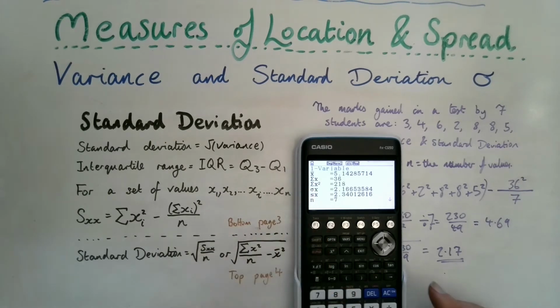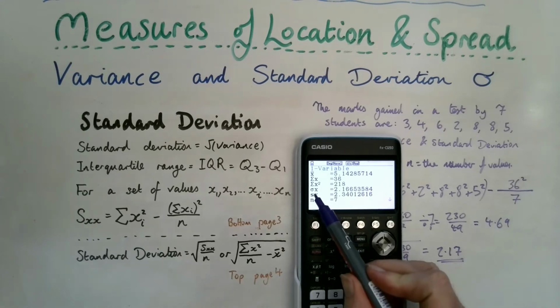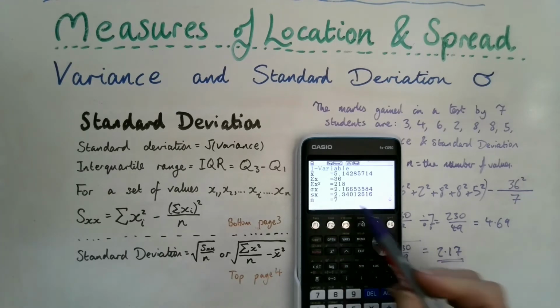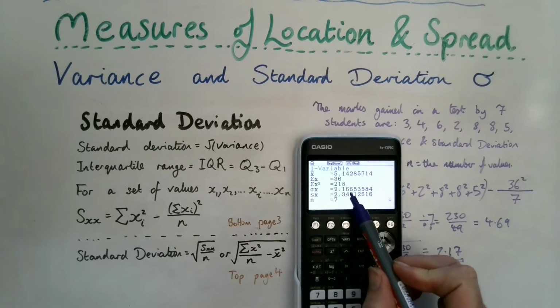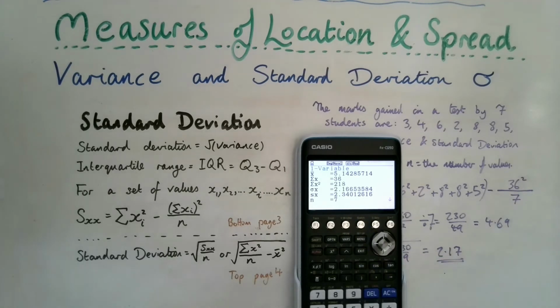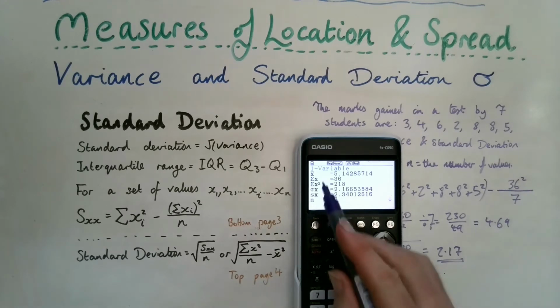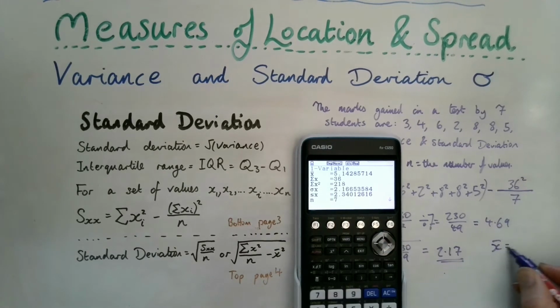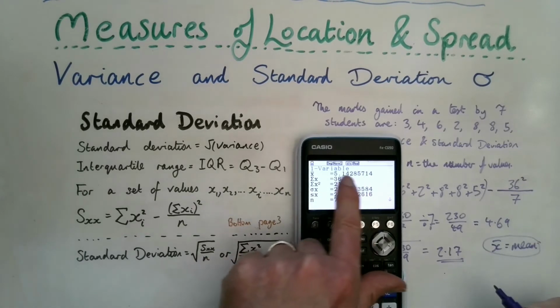I get all of this information, and notice I've been using this symbol here, the standard deviation, that says 2.1665, so it's worked it out along with a whole load of other things. X bar, by the way, in case you're not sure, is the mean, so adding them all up and dividing by 7.